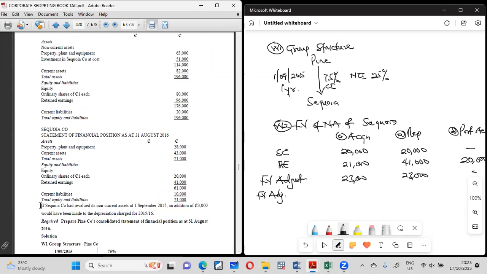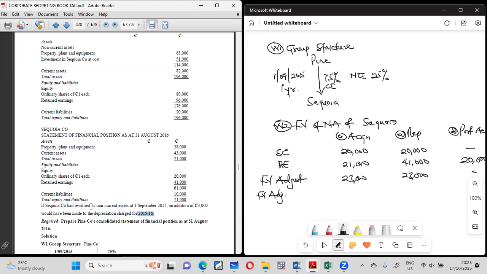Look at this. If Sequoia had revalued its non-current asset at 1st September, an additional 3,000 would have been made to depreciation for the year.